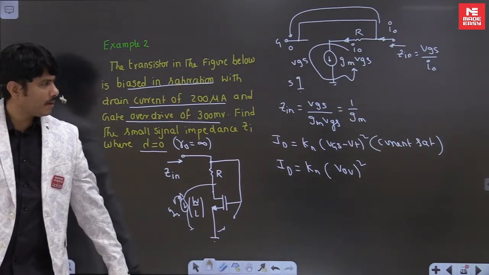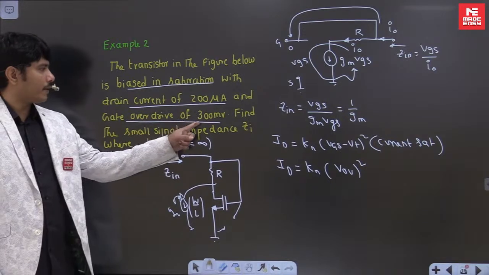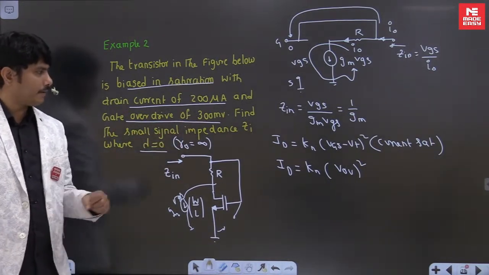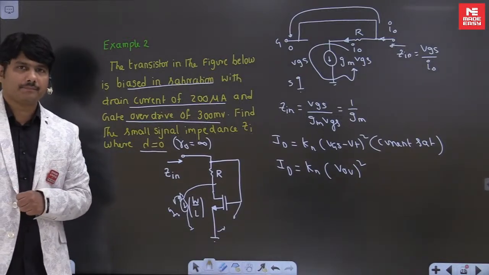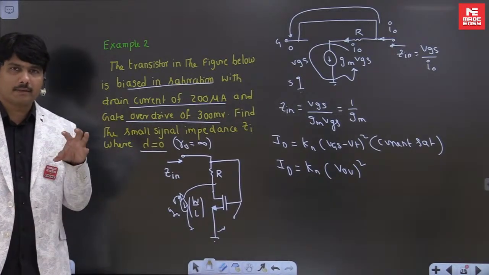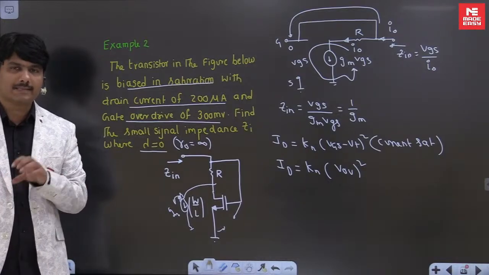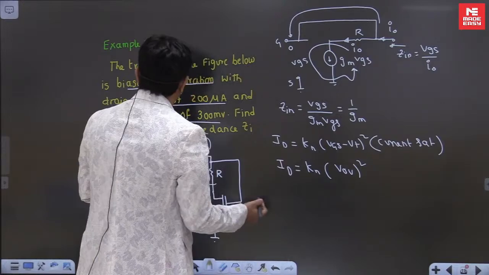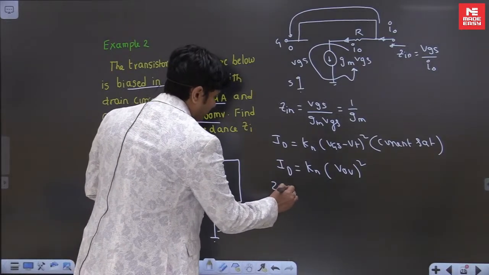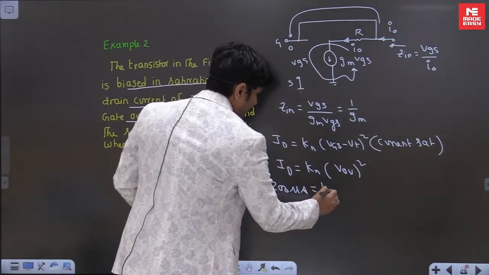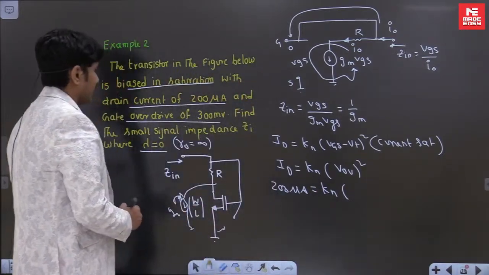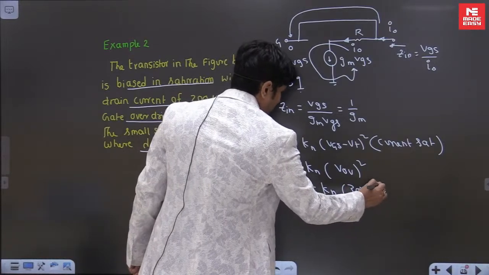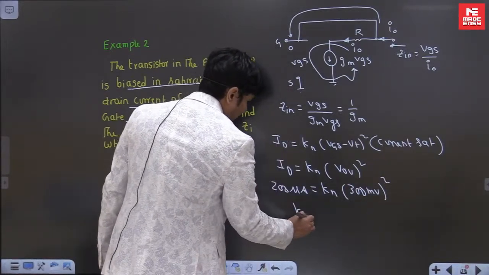Great. So VOV he has given, overdrive voltage is 300 millivolts, which is VGS minus VT, and ID is there, where we have to find the Kn. Kn is nothing but your transconductance parameter Kn. We have to finish off. So this ID is given how much? 200 microamps. This Kn we have to solve, and 300 millivolts square. You can finish the Kn there.